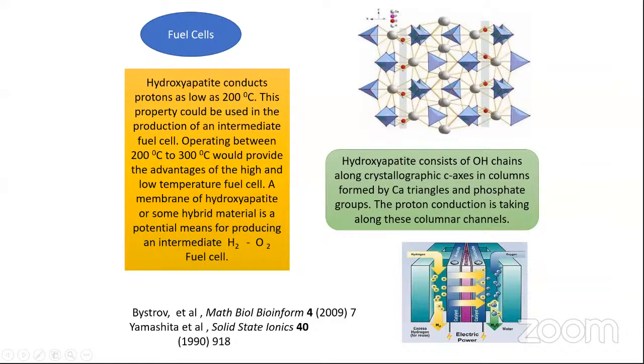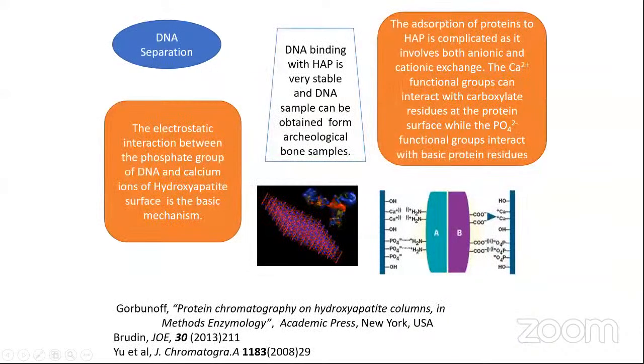Another very important biomedical application is DNA separation. Now, I'll be touching a little bit on biology also, because it is a very important biological material. Hydroxyapatite is attracting a large number of biologists. The important part of DNA separation is that DNA binding with hydroxyapatite is very stable.